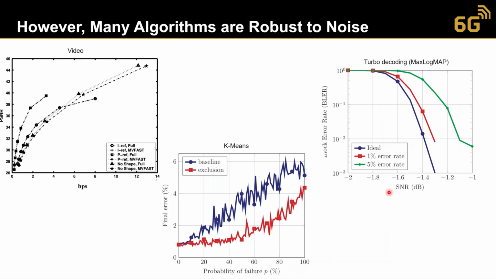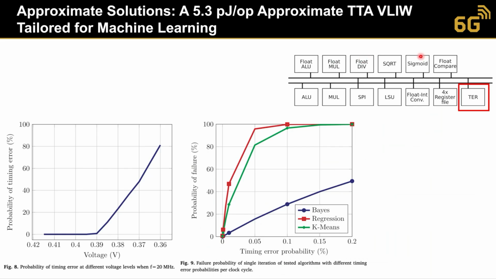And this has been shown in many solutions. In this solution from my group back in the day, we had a VLIW processor with a replacement engine, where if we saw that there was an error in one of these computational engines, we just replaced it with a data value that had been decided previously.